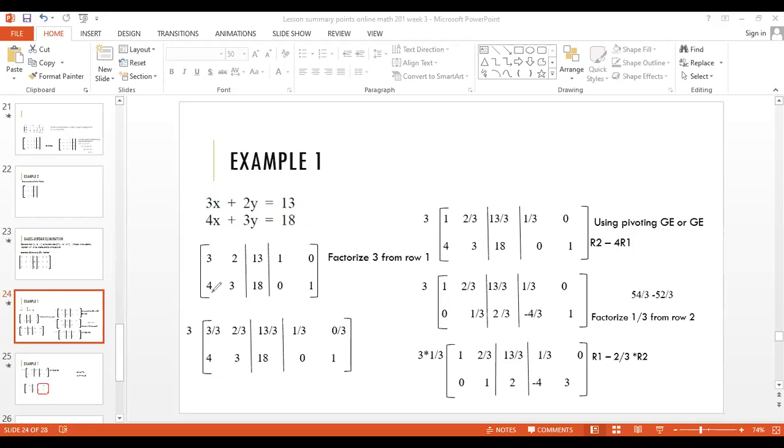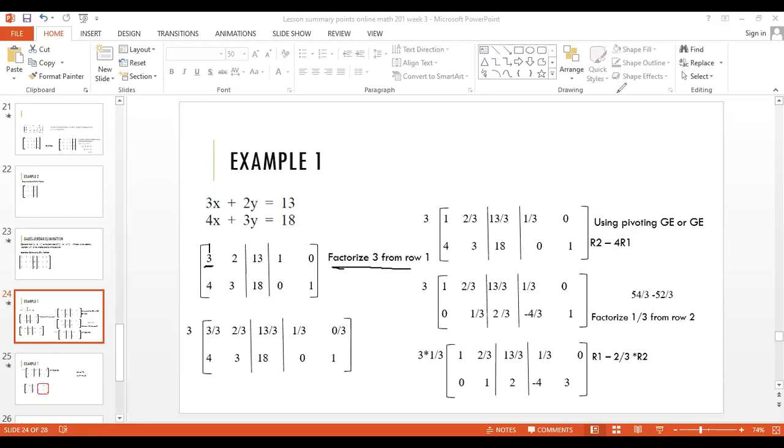Good. So step 1, we would like A11 to become 1. And to make that 1, it means we have to factorize. So the operation we're going to have here is to factorize 3 from row 1.